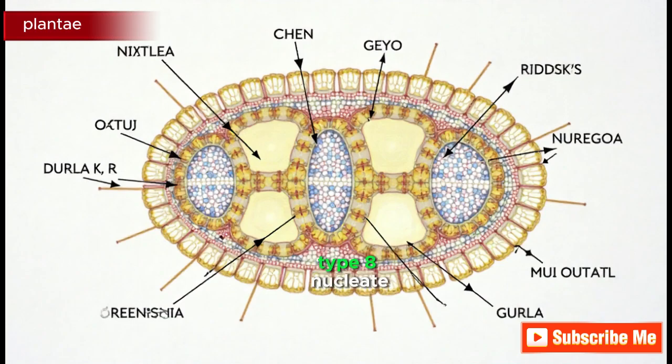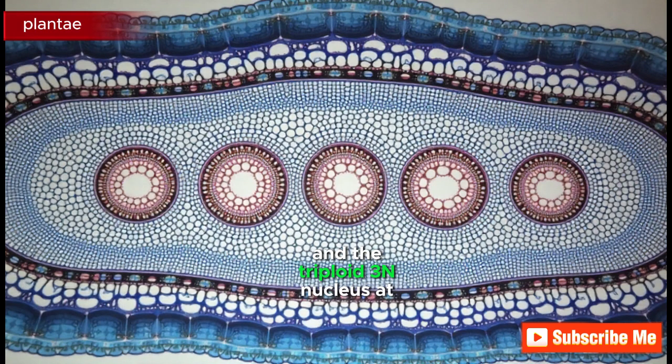5. Fritillaria type, 8-nucleate. 3 out of the 4 megaspore nuclei move towards the chalazal end, and the 4th one towards the micropylar end. The 3 nuclei present at the chalazal end fuse to form a triploid, 3N nucleus. There is 1 nucleus at the micropylar end and the triploid, 3N nucleus at the chalazal end.